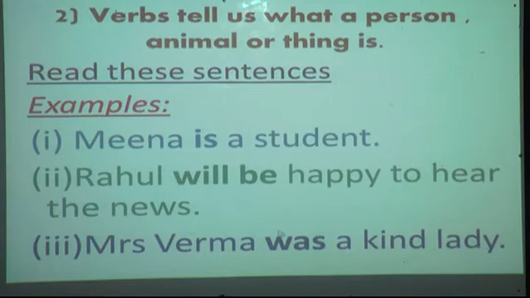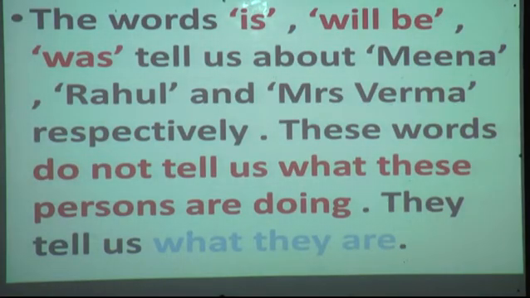So this is a verb over here. So these three words, is, will be, was, tell us about Meena, Rahul and Mrs. Verma respectively.